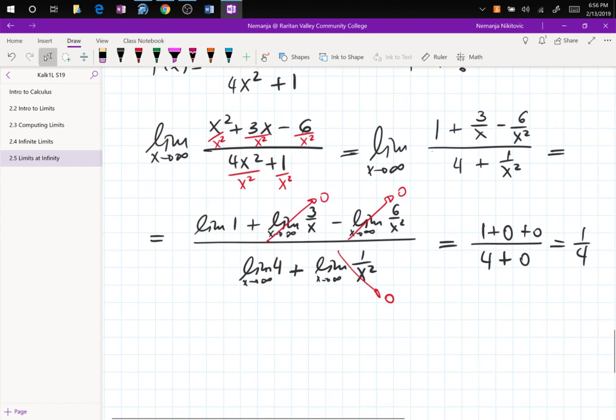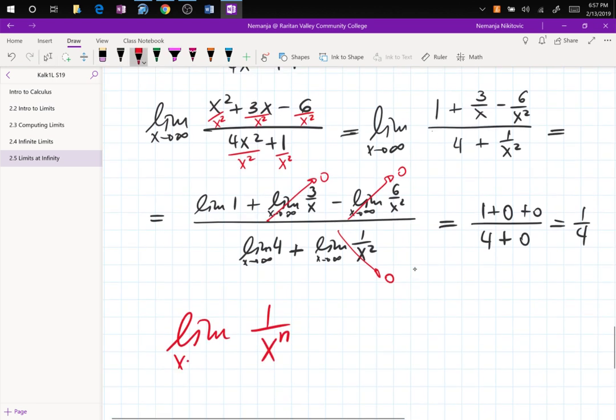So now, you said divide by the highest asymptote, when you divide everything by x squared? Highest exponent. Yes. So, the limit of 1 over x to the n as x goes to positive or negative infinity is equal to 0. This is a formula for you.